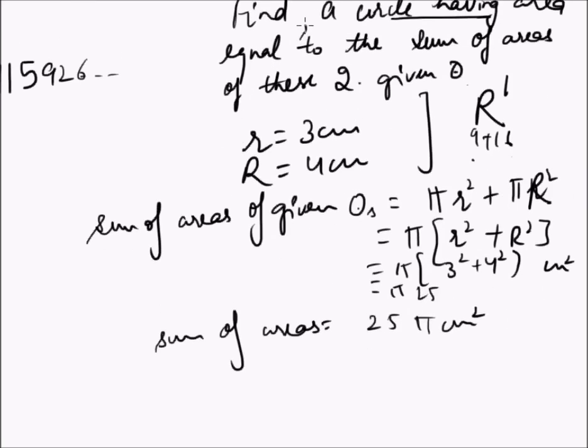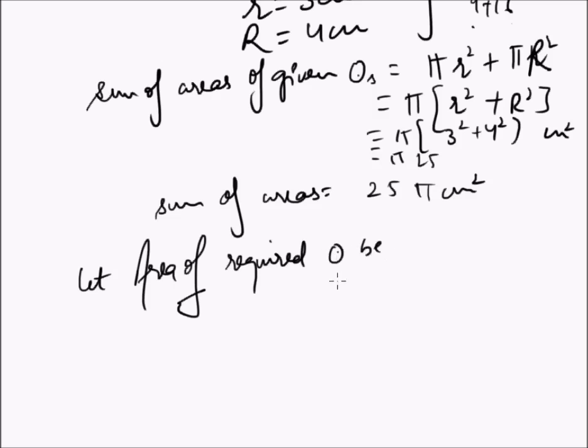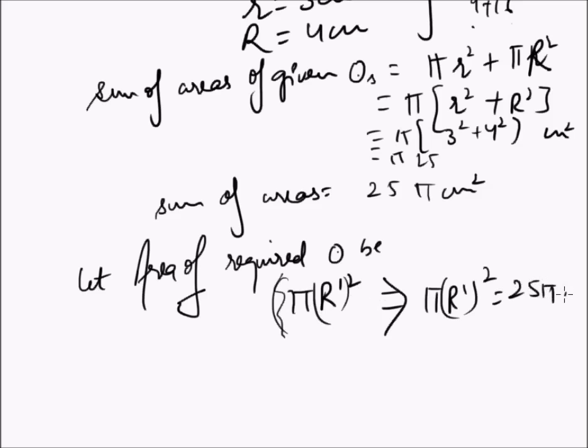Now we have to find the radius of the circle whose area is the sum of the areas of these circles. So let the area of the required circle be pi r dash square. This implies pi r dash square is equal to 25 pi centimeter square, or simply r dash whole square is 25 pi over pi centimeter square.